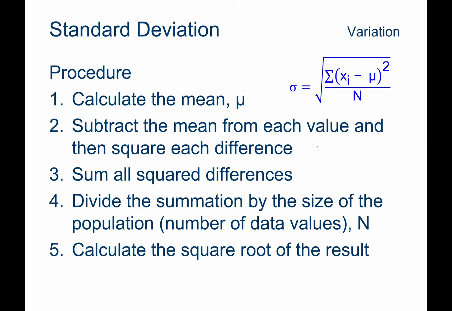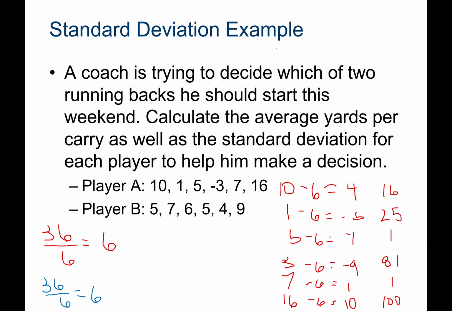Next up, it says sum all of the squared differences. So if I want to go in and add those all together, I would do 16 plus 25 plus 1 plus 81 plus 1 plus 100. I end up with a sum of 224.